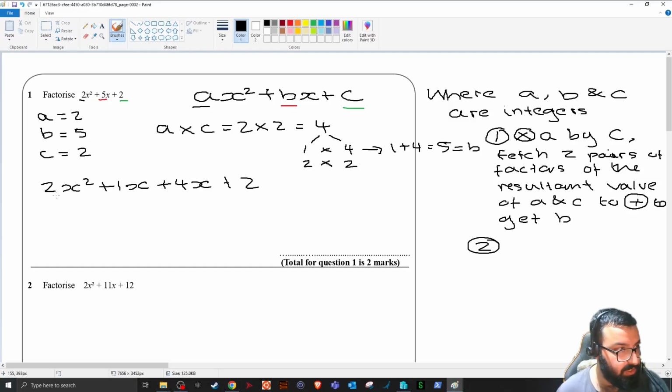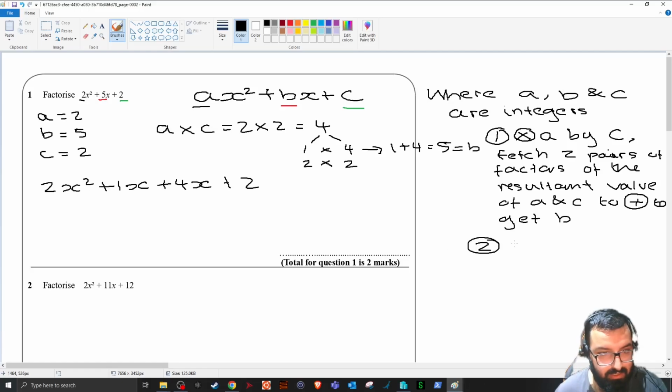So our step 2 was to essentially write down the factors that add to get b but multiply to get a times c in the middle to split down bx and write it down, right? So I didn't really explain that properly, so apologies for that.